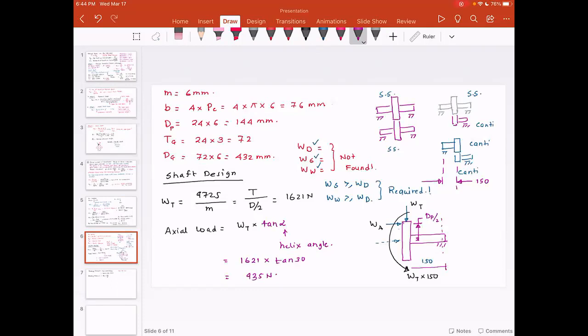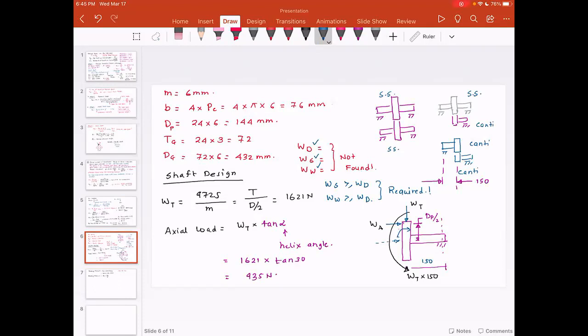And that is causing this moment. Now, it is important to observe that even though it may look like that these moments are counteracting with each other, actually they are not.